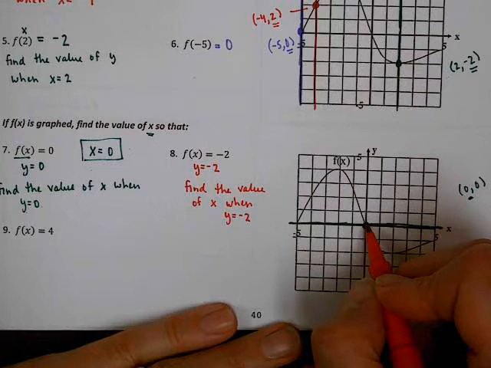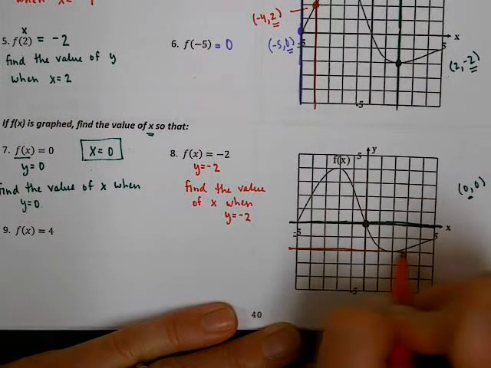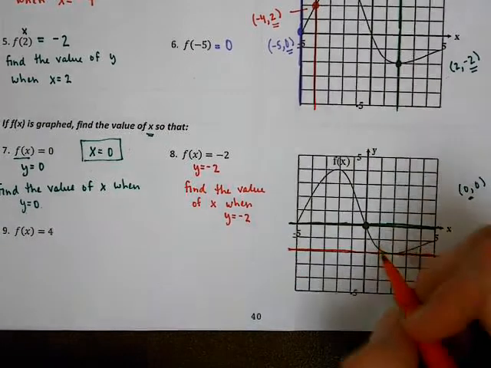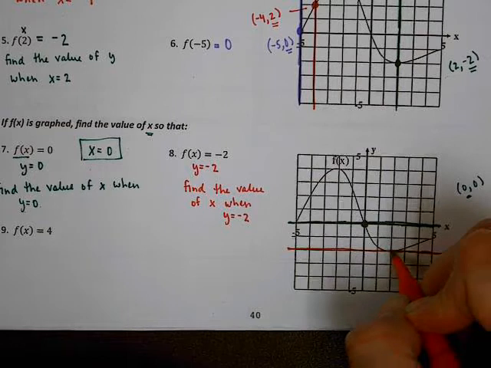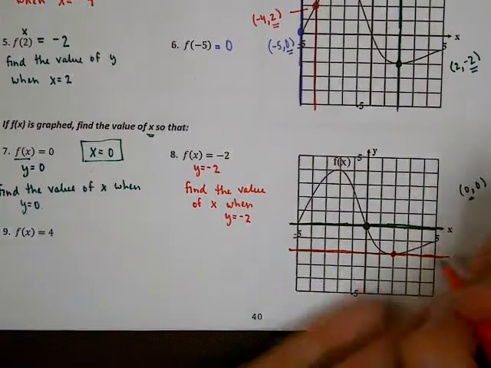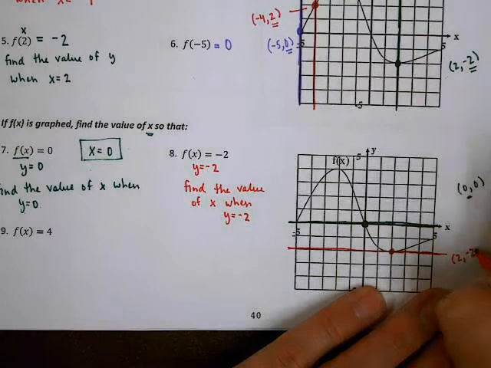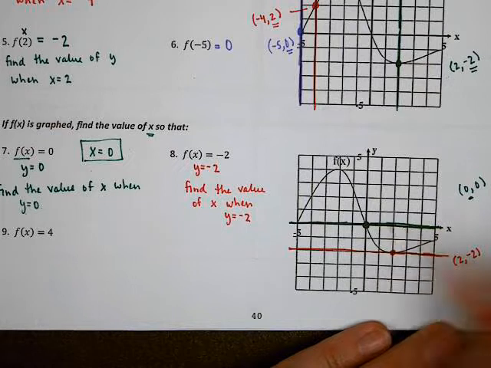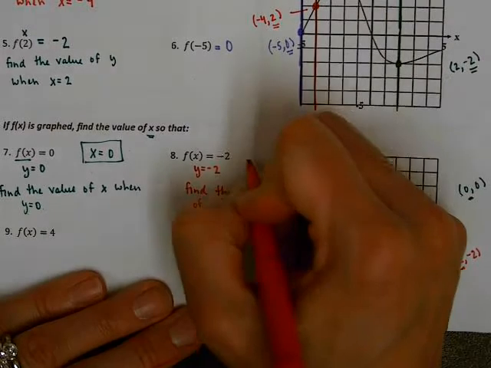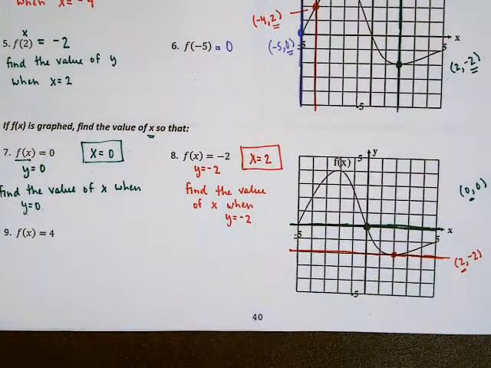I know from the origin I'm going to go down 2, and any point along my red line here is where y is -2. So if I look at my curve, it looks like it touches this line right at this point here. Now that ordered pair is, let's see, 2, -2. So the x value when y is -2 is going to be 2, excuse me. X is equal to 2.